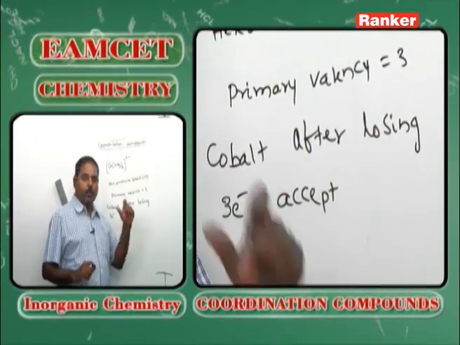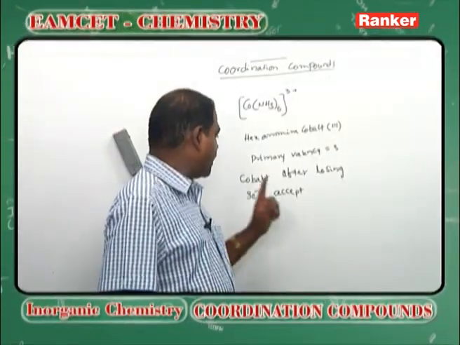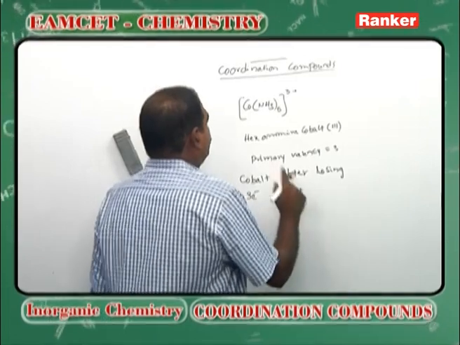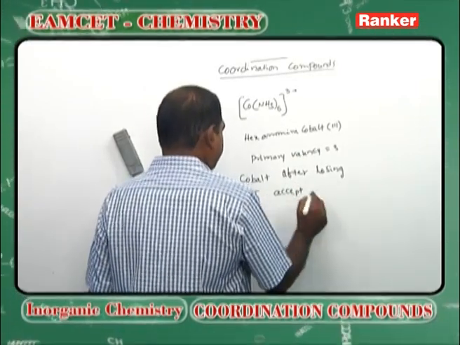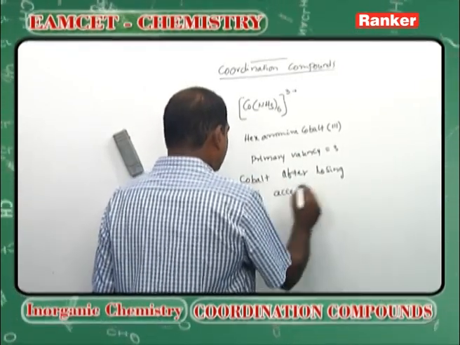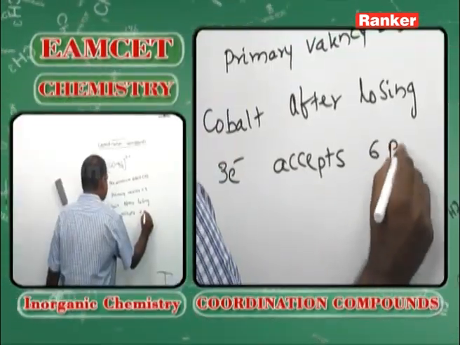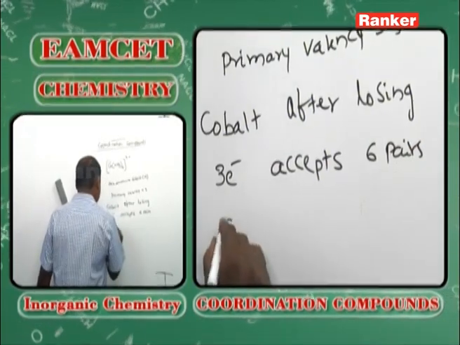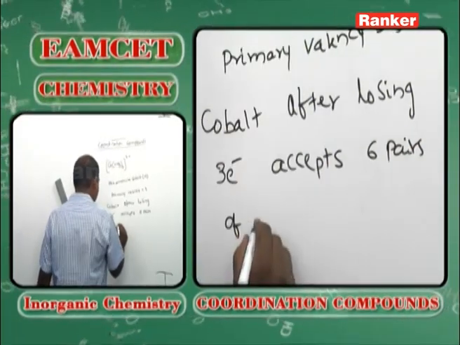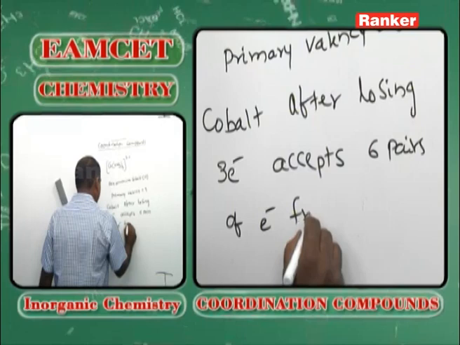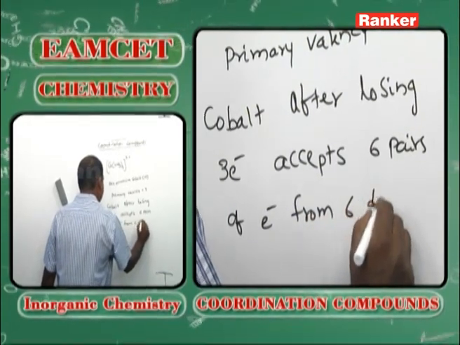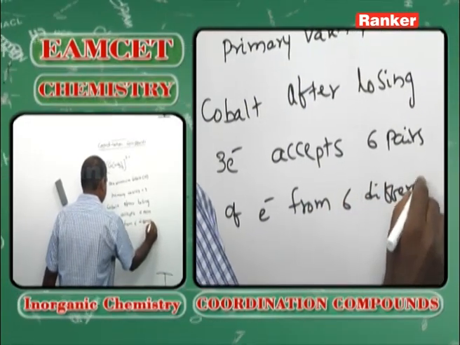Sharing is the word for covalent bond, and donor, acceptor for coordinate covalent bond, dative bond. Cobalt, after losing 3 electrons, accepts 6 pairs of electrons, 6 lone pairs of electrons from 6 different ammonia molecules.